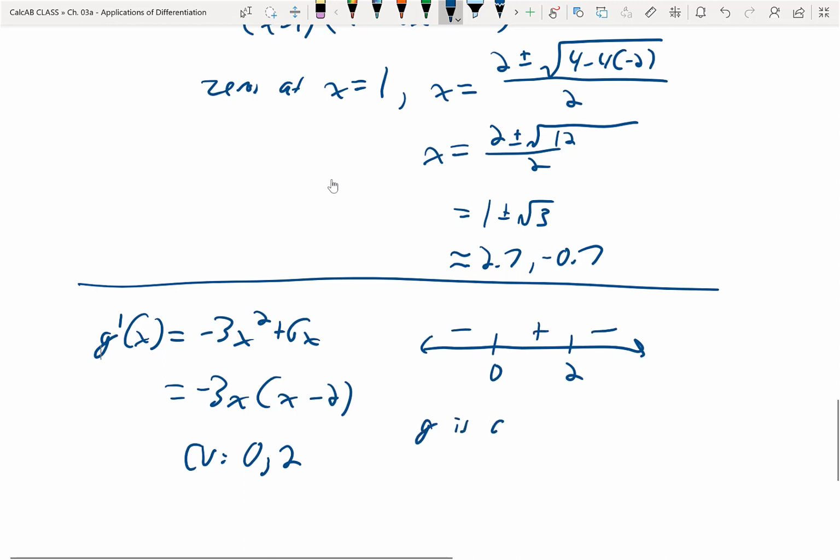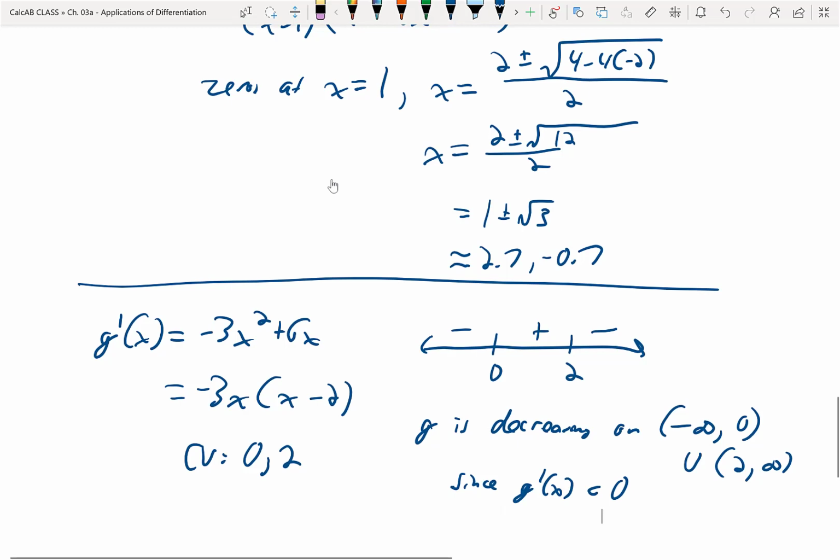That means that g is decreasing on negative infinity to 0 and 2 to infinity. And g is decreasing on that since g prime of x is less than 0.